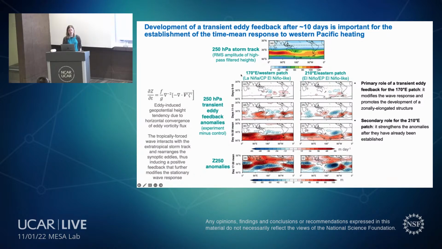So I show here the evolution of this height tendency in both the experiments. I average these over 5-day periods, so days 6 to 10, 11 to 15, and then I average over the final 2 weeks of the experiment. And what we see is that in both cases, even 10 days into this integration, these height tendency anomalies are weak, so both in these top panels, are weak and are not well organised.